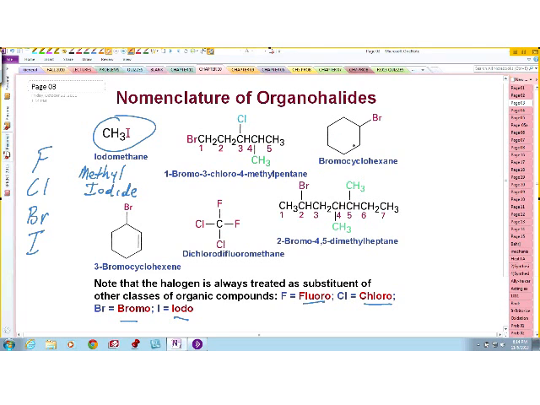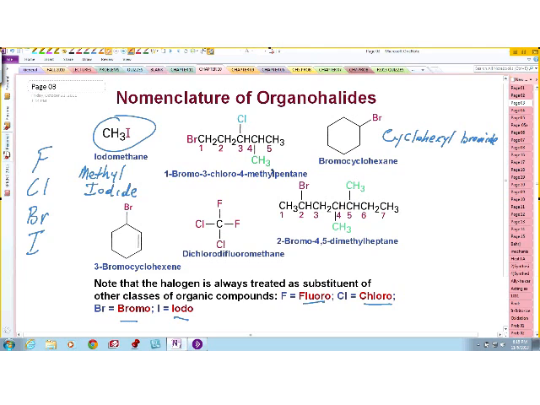The common name for this molecule here would be cyclohexyl bromide. However, for our purpose in this chapter, I will encourage you to use the IUPAC name.